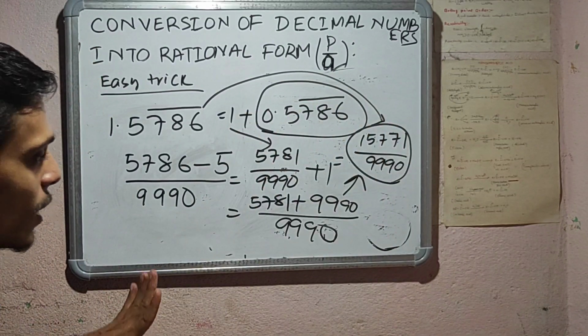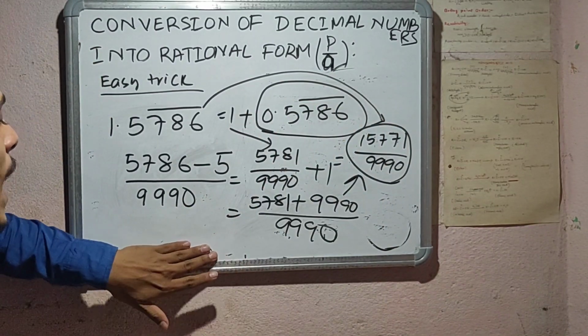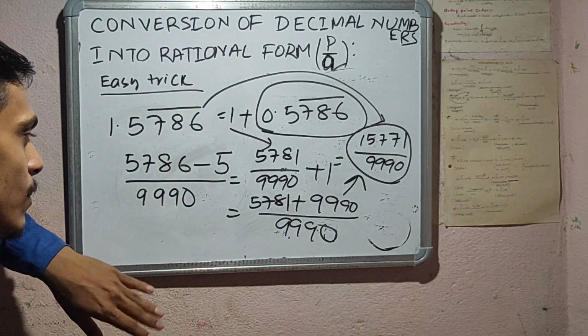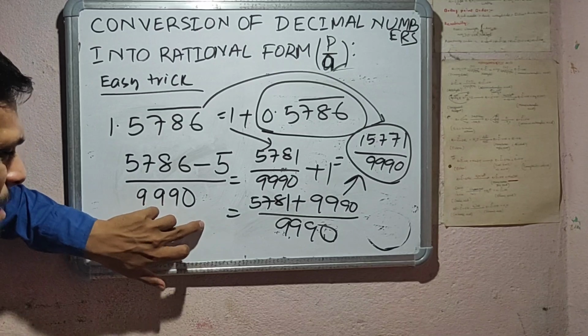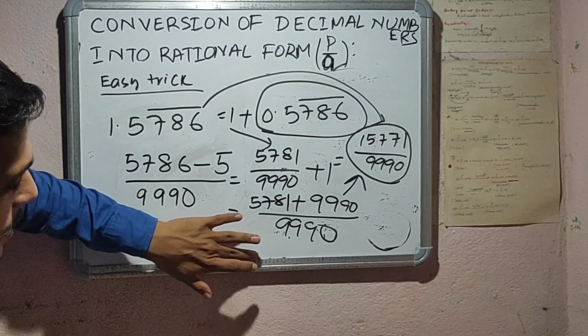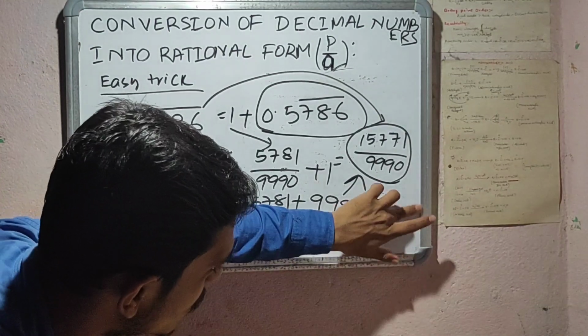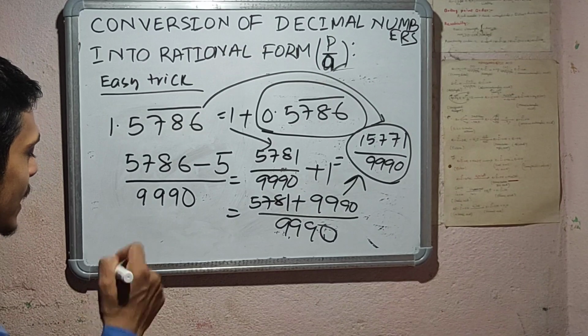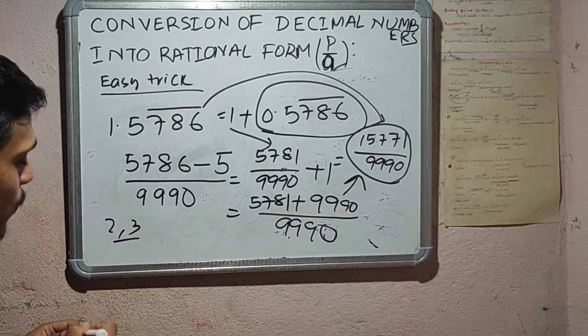So this is the easy method. But this is mainly applied for objective questions, for MCQ questions. In your general questions, you should use the general method. For questions carrying 2 marks or 3 marks, you cannot use this formula; marks are deducted.